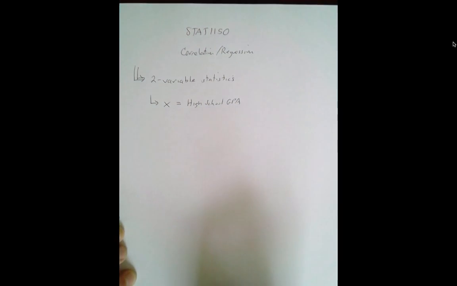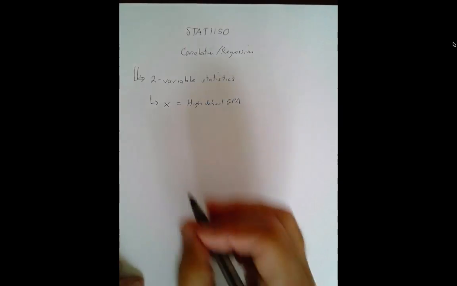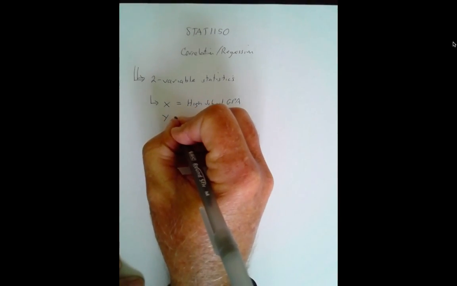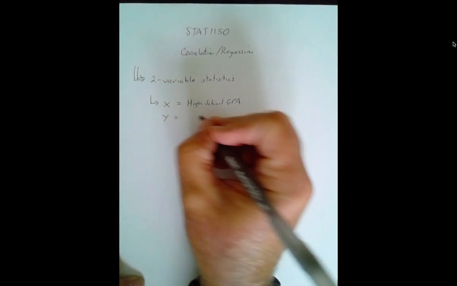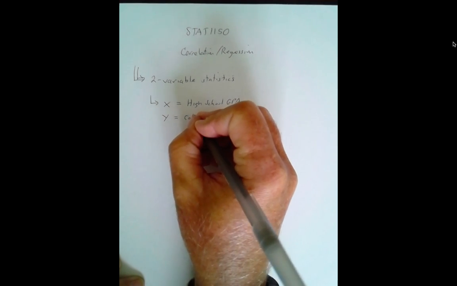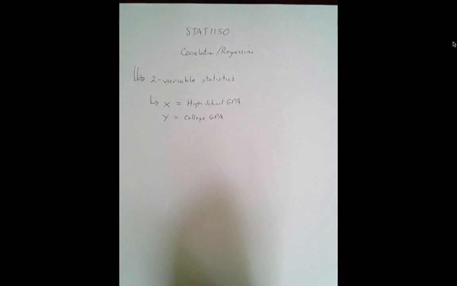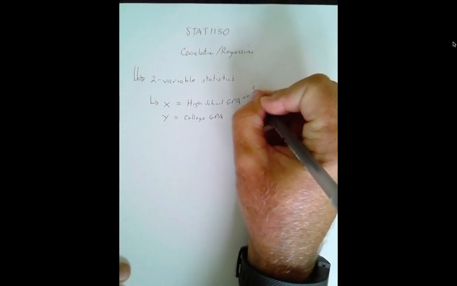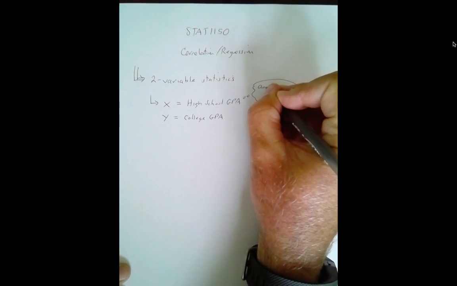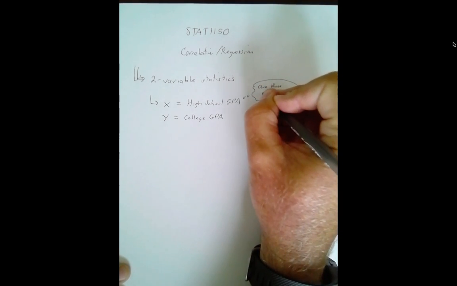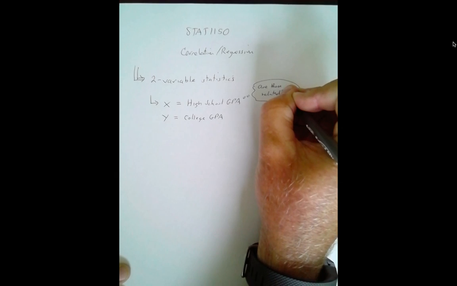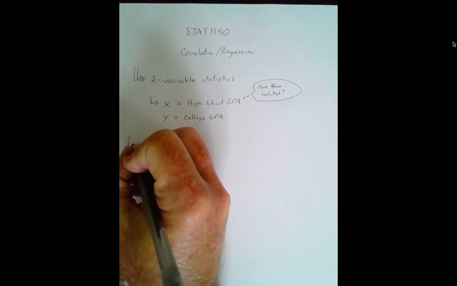So let's say we've got the high school GPA on some students, but we'd like to come in with a second variable and look at the first year college GPA and see if these two things are related. So when we see something like this, we would say, are these related?